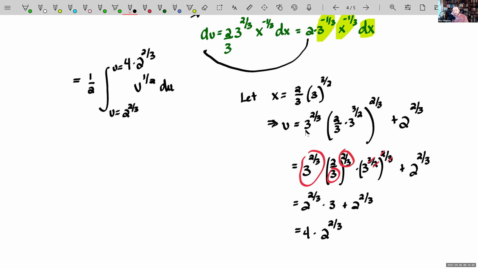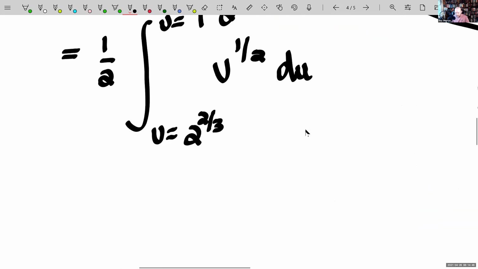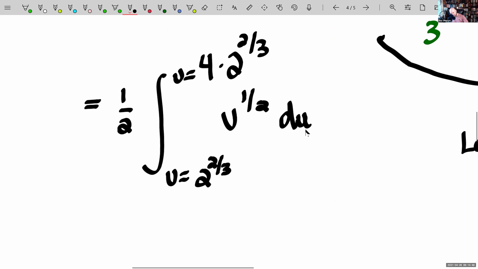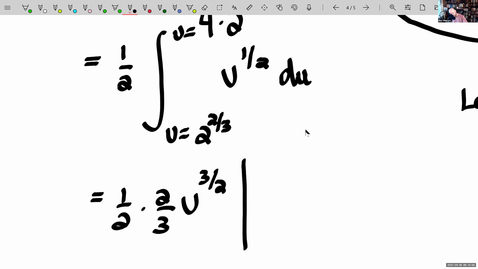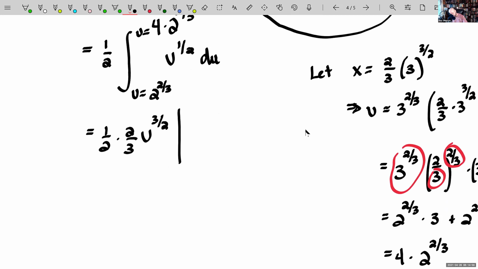A lot of little mechanics in there. It's algebra. So I'll leave it to you. Doing the integral, you're going to go ahead and add 1 to the exponent and multiply by the reciprocal of that. And we're evaluating this from 2 to the 2/3 all the way until 4 times 2 to the 2/3.